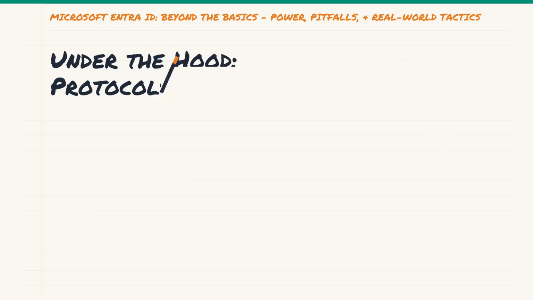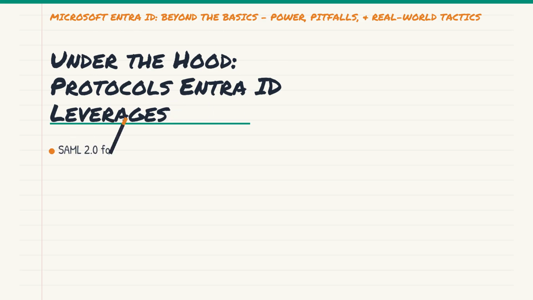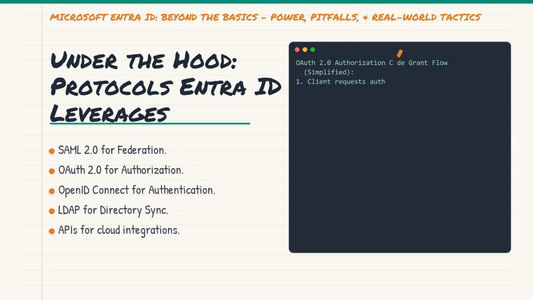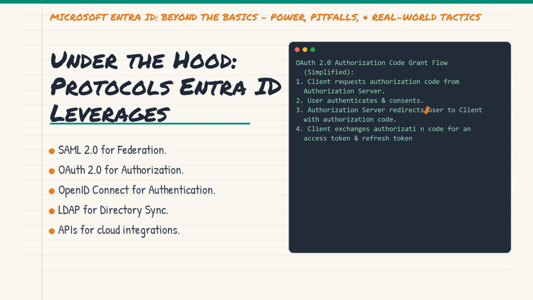Let's peek under the hood. Entra ID relies on a suite of industry-standard protocols to make all this magic happen. For federation and SSO, you're primarily looking at SAML 2.0, OAuth 2.0, and OpenID Connect. These are the workhorses for enabling applications to trust Entra ID as their identity provider.